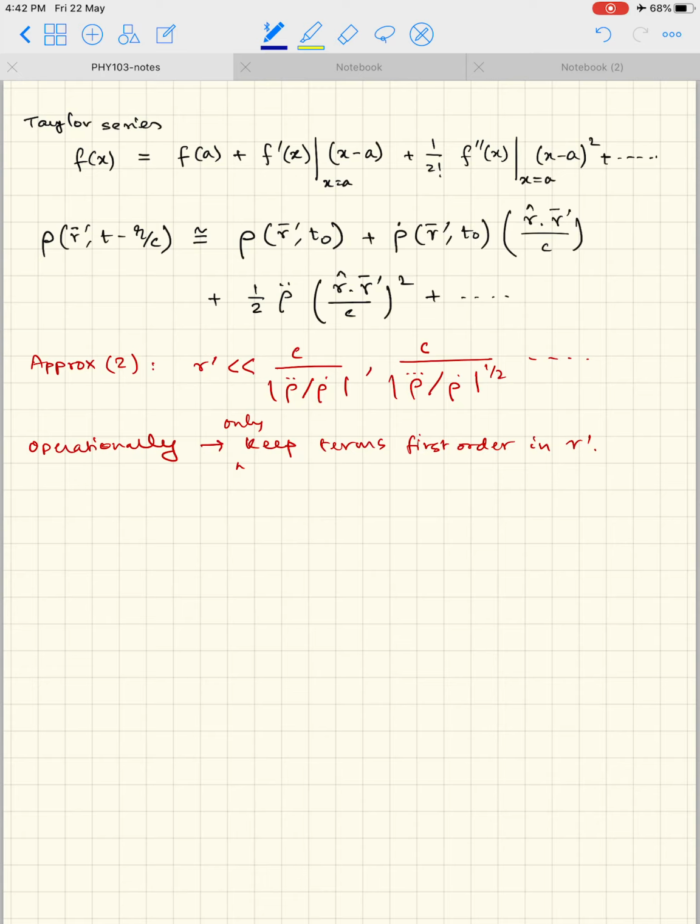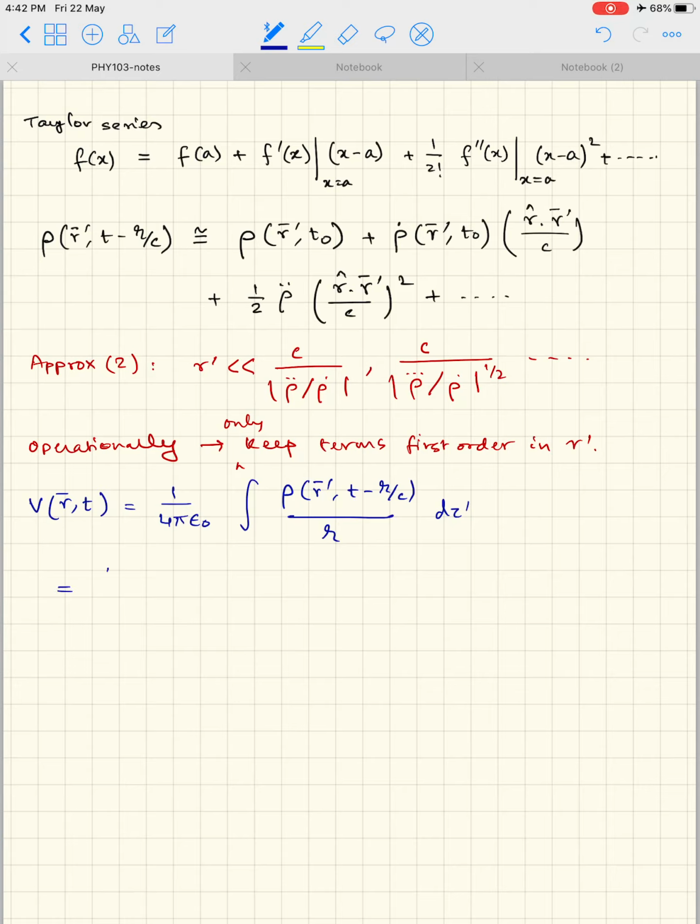So V of r,t in this case is just going to be given by 1 over 4 pi epsilon naught integral of, if you remember, rho of r primed, t minus r over c, over r, d tau primed.